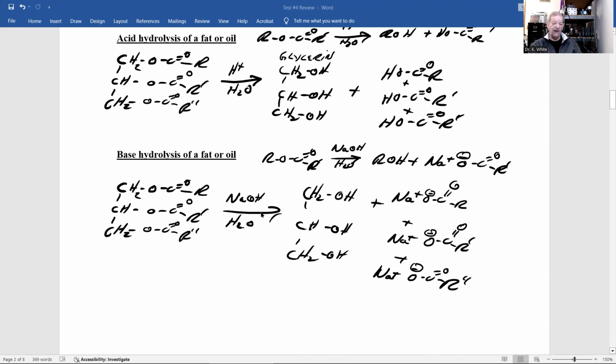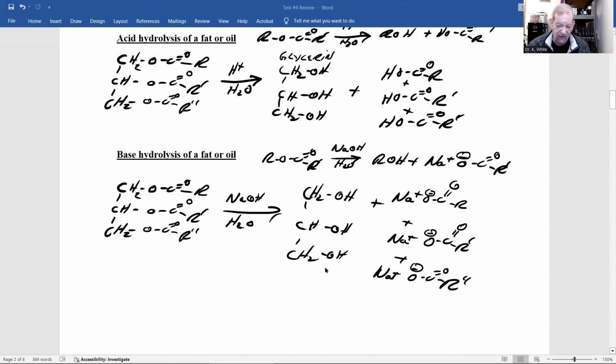triglyceride, a fat or oil, react with base and water, you get back glycerin. This ester gives you this alcohol plus this carboxylate anion. This ester gives you this alcohol plus this carboxylate anion of the carboxylic acid you would have used to make that ester. And the final one gives you this alcohol.